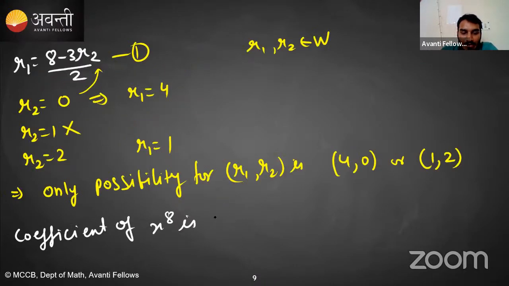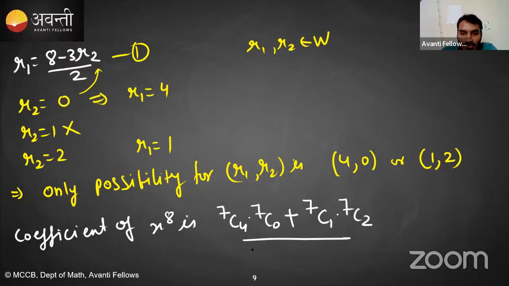Right? So I will get 7c4 into 7c0, plus either this or this, plus 7c1 into 7c2. So this is the coefficient of x raised to the power 8.